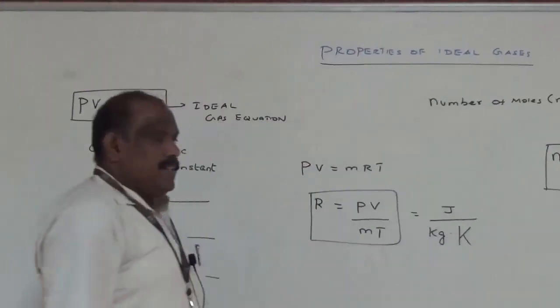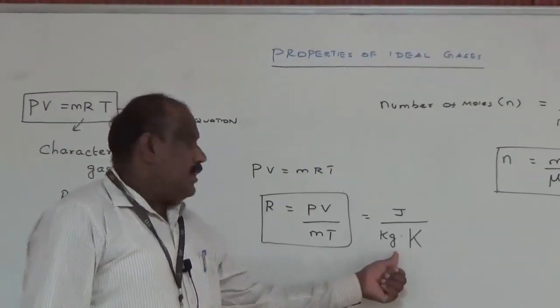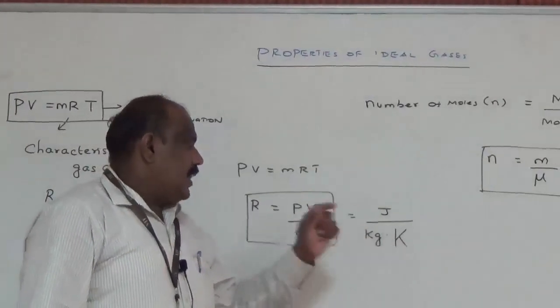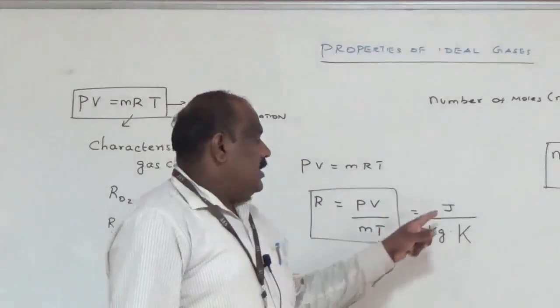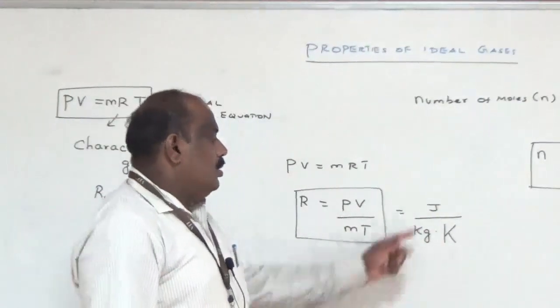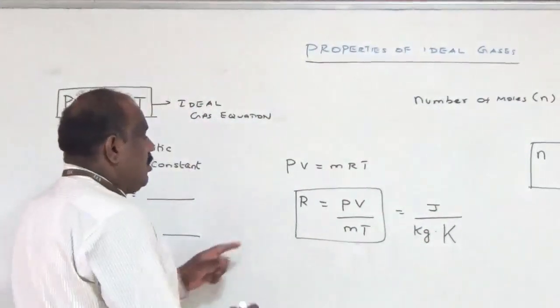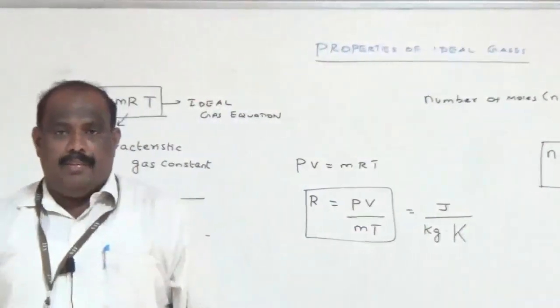A very important point is that the K should be a small letter in kilogram, J should be a small letter in joule as a unit, and the capital J and capital K are used because these are names of scientists, and hence we indicate them by capital letters. Kelvin is the name of a scientist, Joule is the name of a scientist. So the unit of R will be Joule divided by kilogram Kelvin.